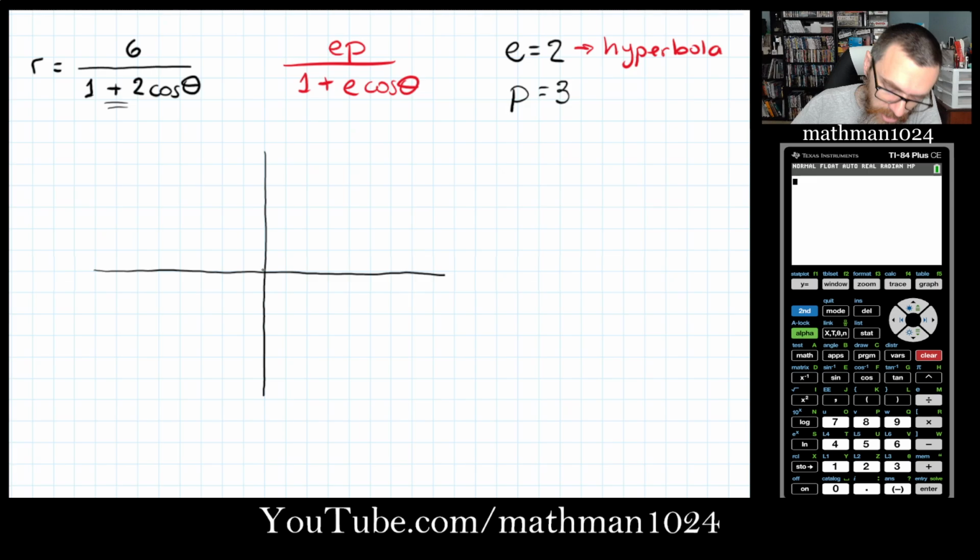All right, so the way that these are set up is that this origin has to be one of your foci. Now, if you're talking about a parabola, it's going to be the focus. But here we're talking about a hyperbola, which means that it's going to be one of the 2 foci. So that directrix is going to be 3 units over here to the right.